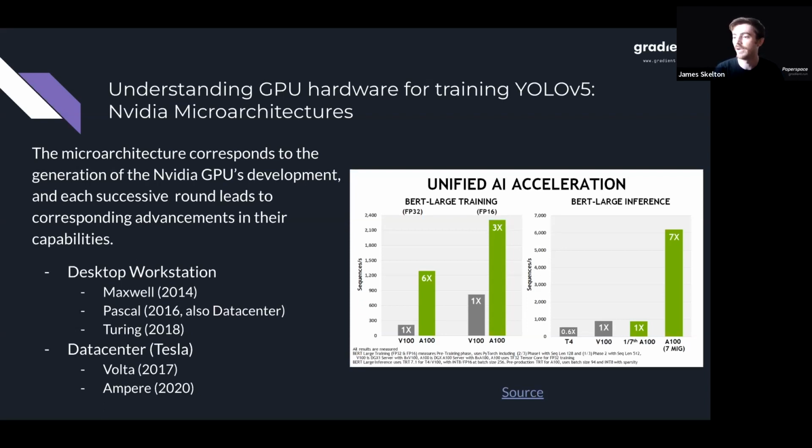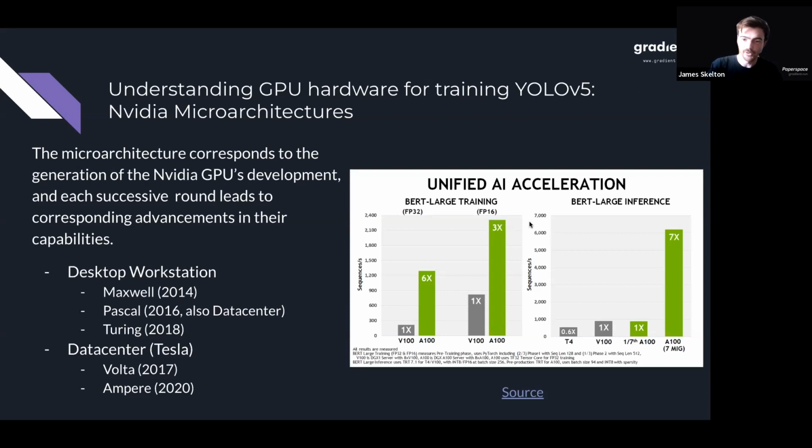And finally, Turing, which in 2018 introduced ray tracing cores. Then for the data center GPUs, we have Volta, which added second generation NVLink, and Ampere, which is the most recent, still publicly accessible GPUs. There is the newly announced Hopper as well. And Ampere added next generation tensor and ray tracing cores, third generation NVLink, and multi-instance GPU, or MIG.